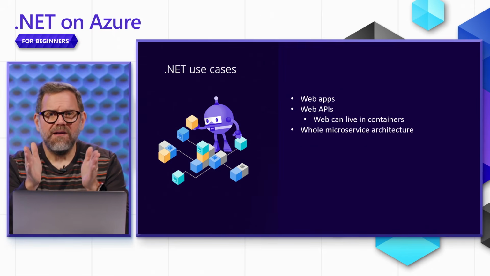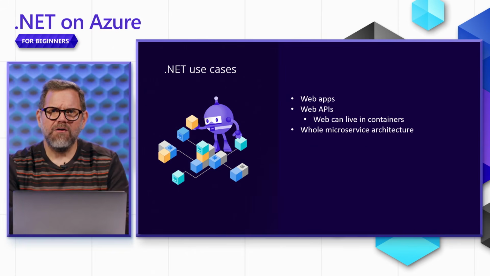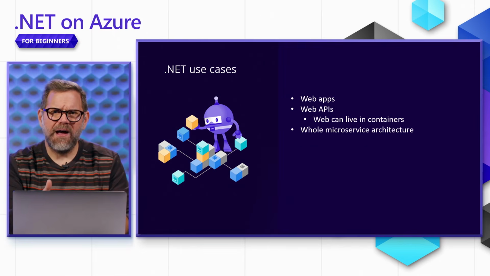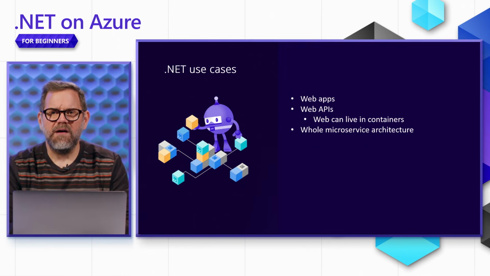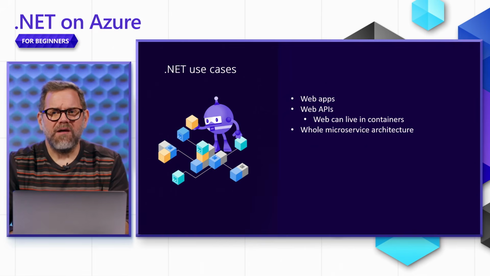So one person is just responsible for it, or a whole team is just responsible for one. You're no longer having these huge monolith applications. And we can start making those and then deploying those out onto Azure and have different deployment cycles for each one. So the .NET use case for that becomes really available to us.